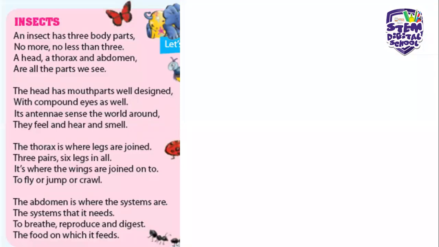Anybody want to do this one for me? It's like three and see, well and smell, all and crawl, needs and feeds. Those are the words that rhyme in this one.